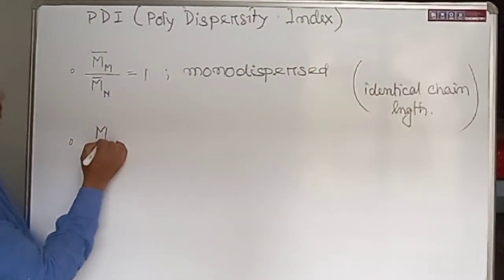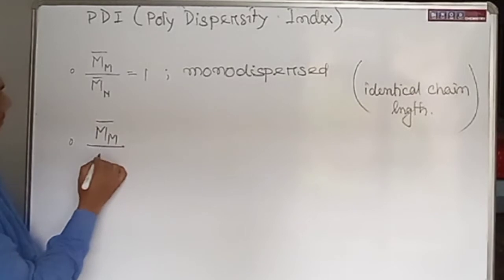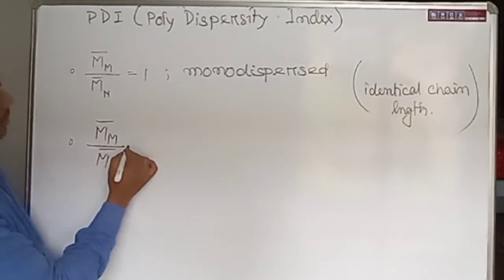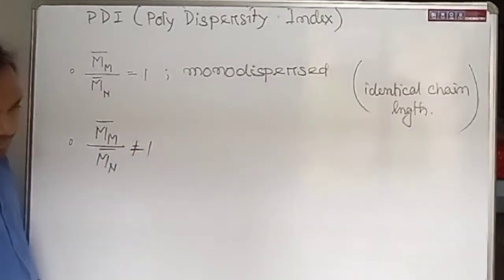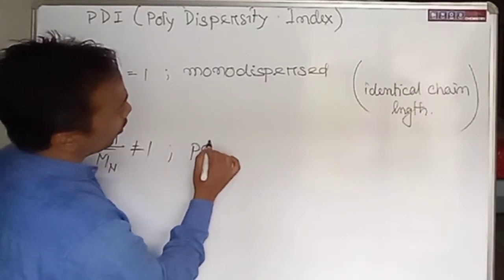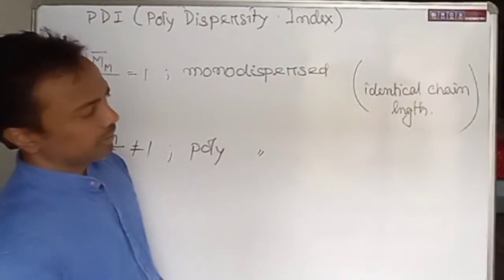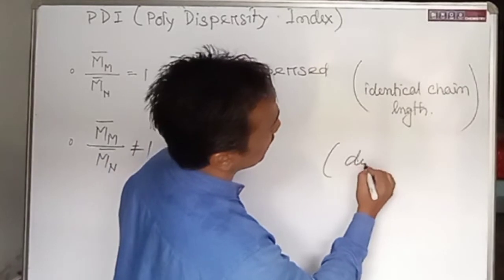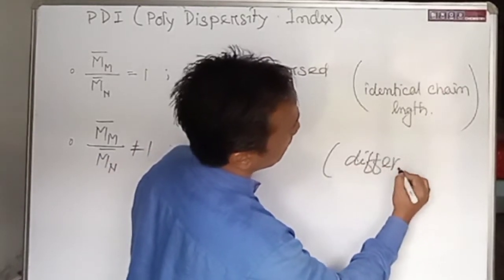And there may be a possibility that the ratio is not equal to 1. Then it is called polydispersed. What is the meaning of polydispersed? Differing lengths.